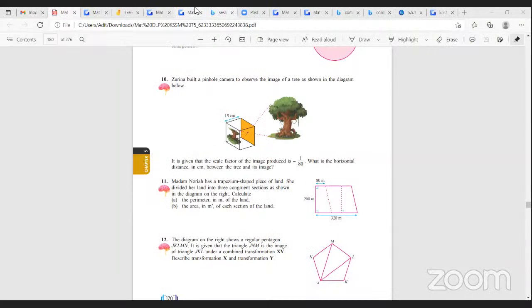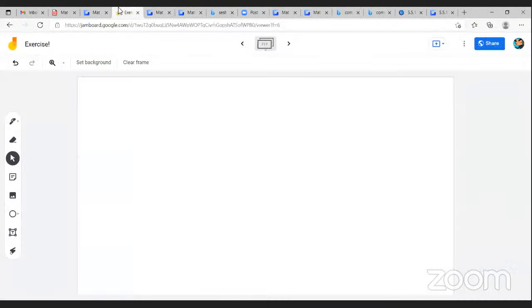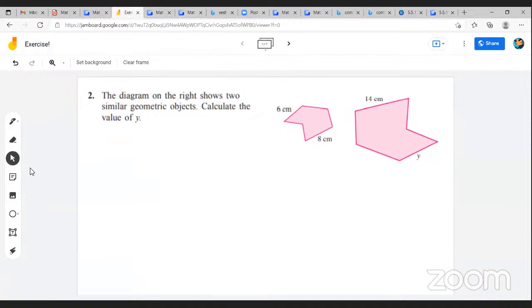We'll begin with some math questions. Of course I'm not going to go through the difficult ones. We're going to begin with some basic ones first, and I may or may not call out some people to help answer these. The diagram on the right shows two similar geometric objects.